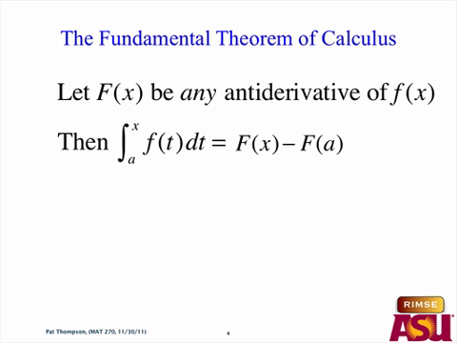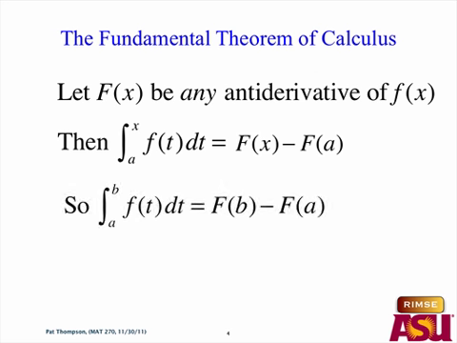We just need the antiderivative, any antiderivative of the rate function. And then if we plug a value in, then we're actually finding a net change of accumulation. This is the net change, right?